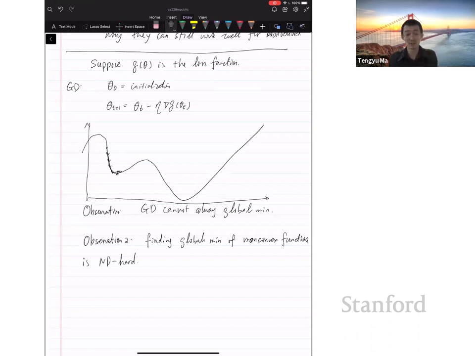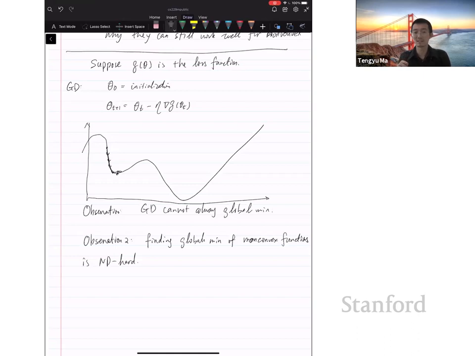I assume some of you have statistical backgrounds and are not exactly familiar with NP hard. It doesn't really matter. This is just saying that it's computationally intractable to find the global minimum. But just to clarify, what does that mean? That means that there exists a function that you cannot solve.